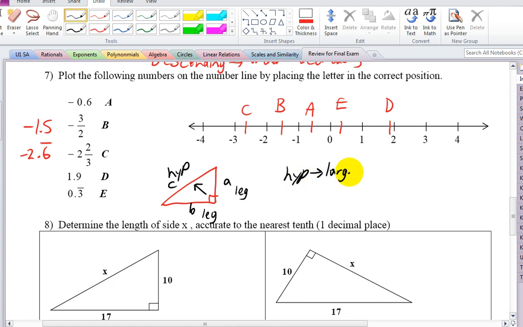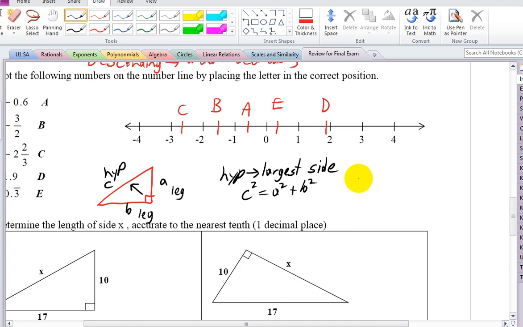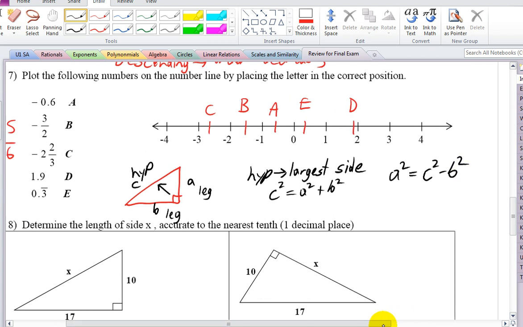So if you're trying to find the largest, what would you do? Add your squares. But if you're trying to find a leg, it doesn't matter whether it's A or B, then you would subtract. So always keep in mind your hypotenuse is your largest. Go ahead, practice Pythagoras. You have 2 questions with the 2 different examples.